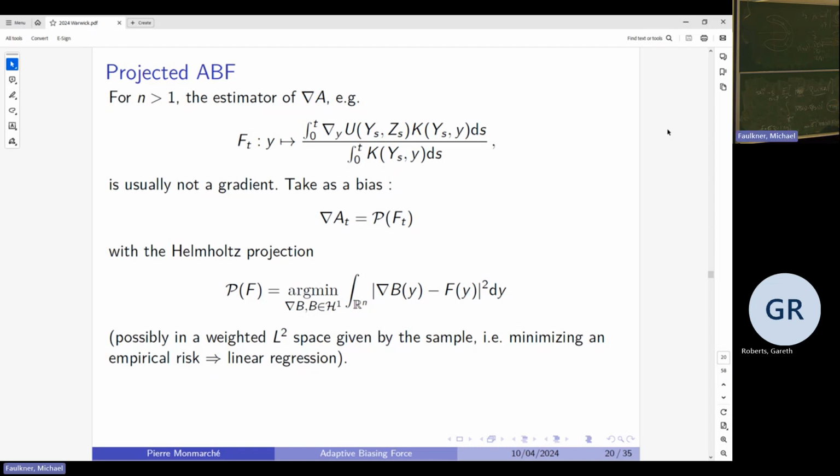So it's a natural extension of projected ABF to say, okay, now my estimator is going to be the solution of some statistical regression given by this problem. And now I replace that by a sample, which is the sample I am constructing by the algorithm, this adaptive thing.